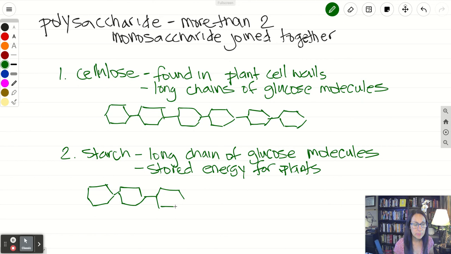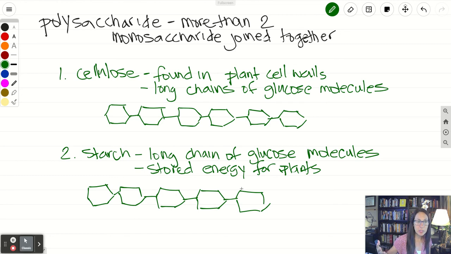So we always eat French fries, and so you know what starch tastes like. It's delicious. And so when a plant is making food, and we'll talk about this in future videos, it stores the food in the potato underground. And that potato is filled with these long chains of glucose molecules, which are called starch.